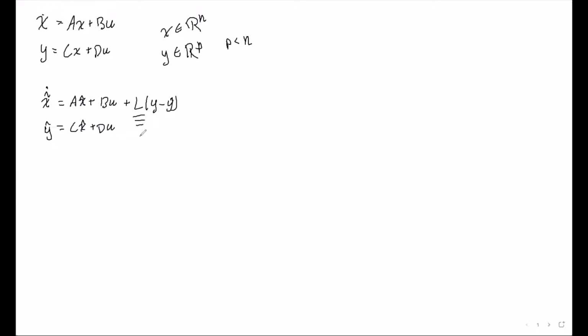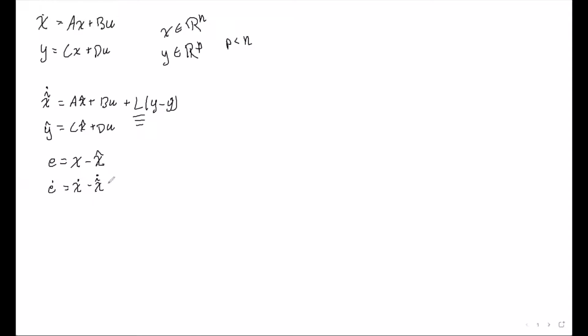To understand how to choose the vector L, we need to understand the dynamics of the error, E, defined as the difference between the true state of the system, x, and the predicted state, x hat. We do this by writing the differential equation for E, denoted as E dot, as x dot minus x hat dot.